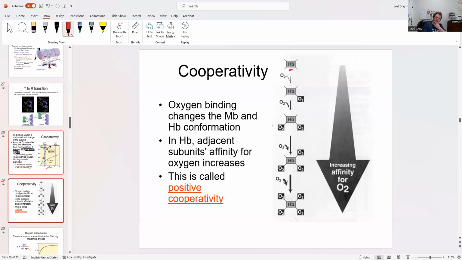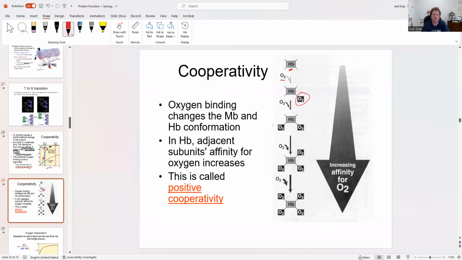Hemoglobin, depicted right here, has no oxygens bound, and this form of hemoglobin has a very low affinity for oxygen. When the concentration is high enough, it will bind one oxygen molecule. Hemoglobin with one oxygen molecule has a slightly higher affinity for oxygen than hemoglobin with no oxygen bound.